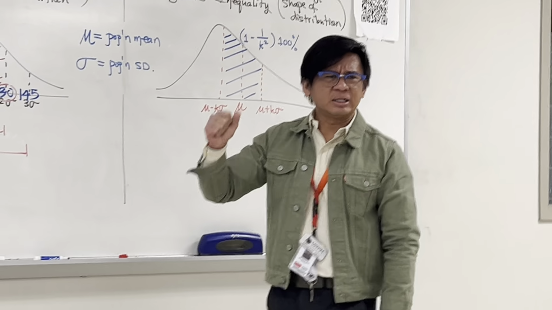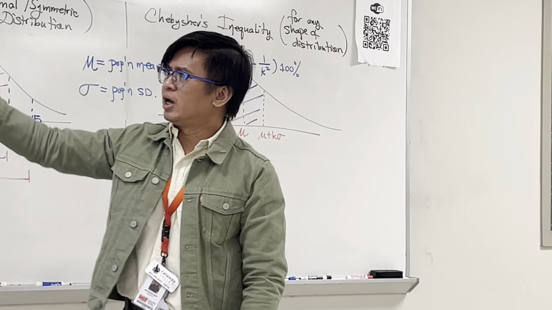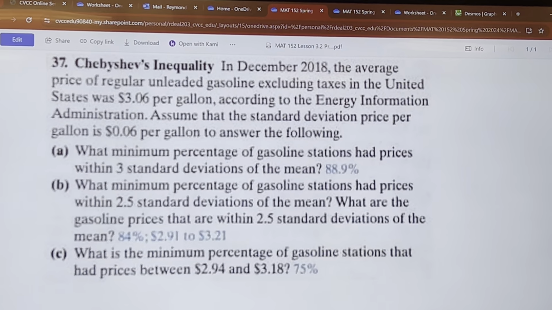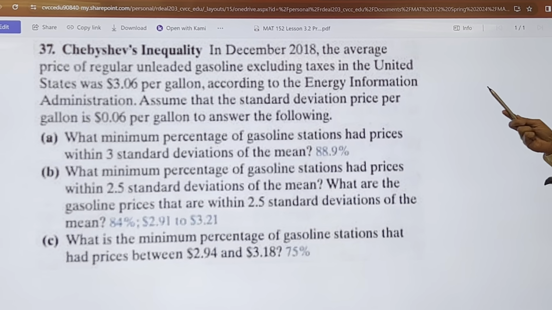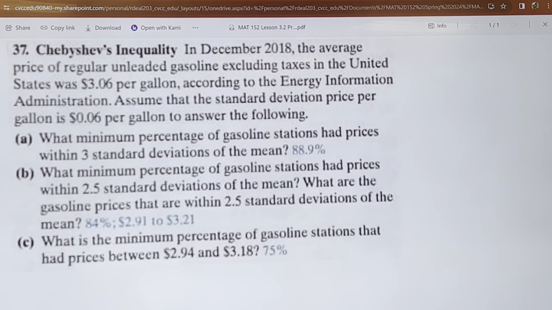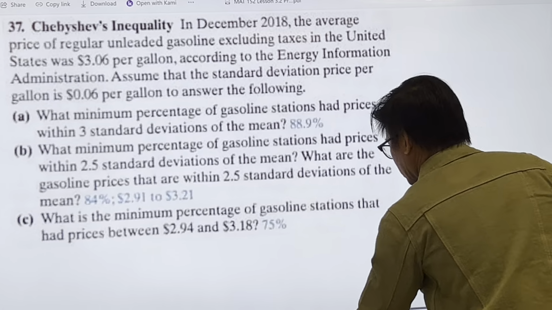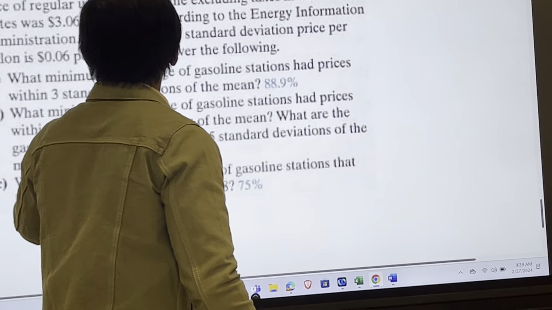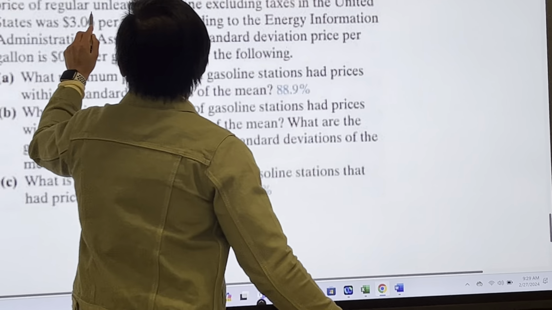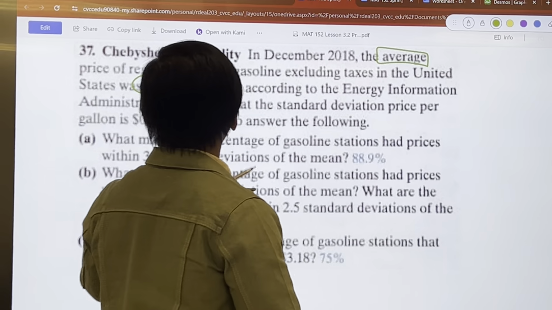Now let's see how this is going to work. Let's read number 37 and how we can use Chebyshev's inequality for it. Kalina, let's go ahead and read number 37. In December 2018, the average price of regular unleaded gas excluding taxes in the United States was $3.06 per gallon, according to the Energy Information Administration.